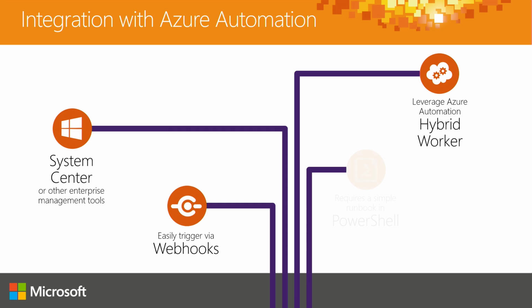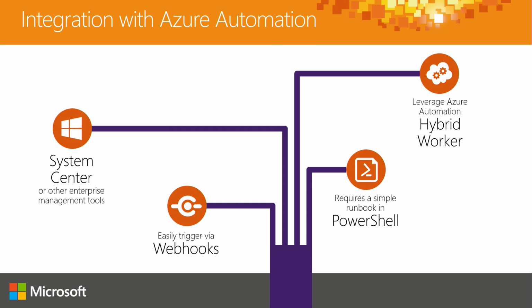And the integration possibilities are virtually endless because a hybrid worker is a virtual machine in your data center. So if I want to connect to Operations Manager, I'm going to install the Operations Manager PowerShell module. I'm actually also going to install Tao's Ops Manager Extended module because it does lots of other stuff. Config Manager, PowerCLI if you're a VMware shop, Amazon, pick it.